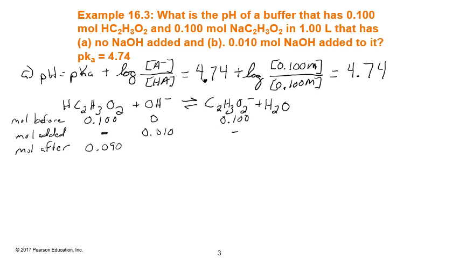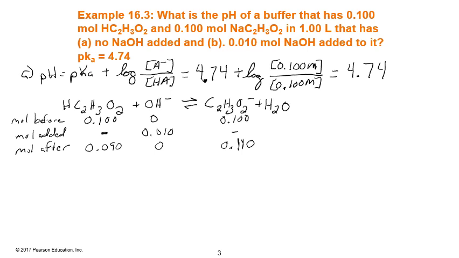There's essentially none of the base left, but when that reaction happens, it forms an additional 0.01 moles of the conjugate base. When we add that to what we initially had, we end up with 0.110 moles of our conjugate base.